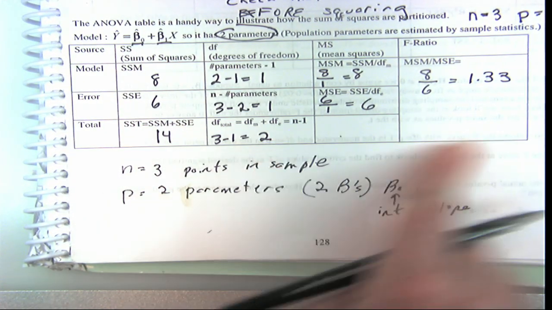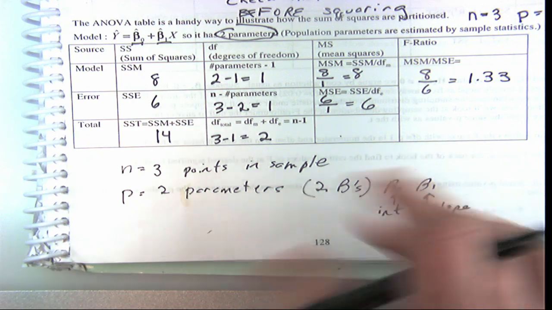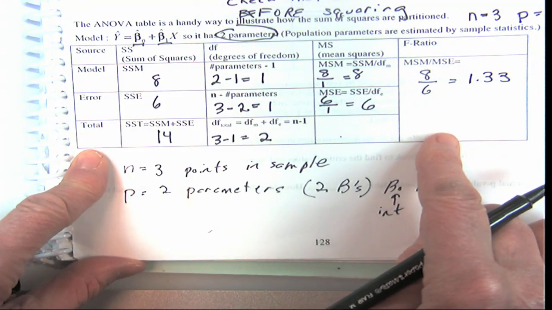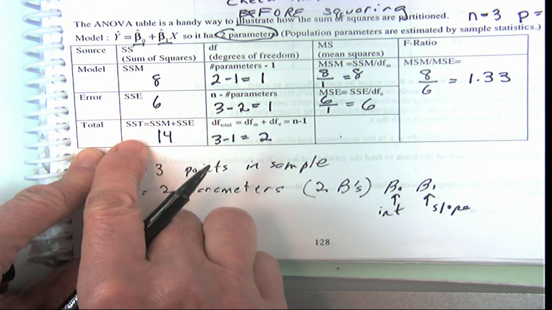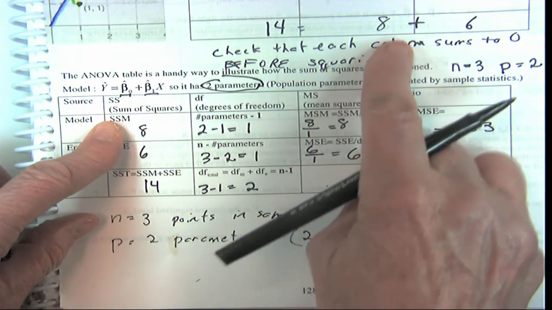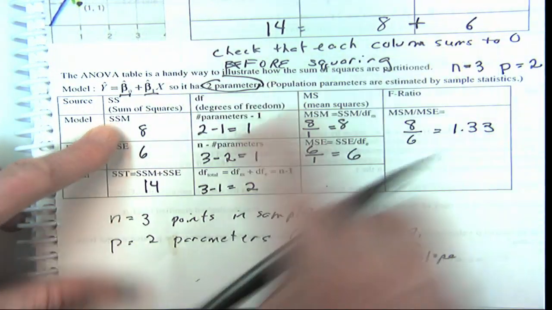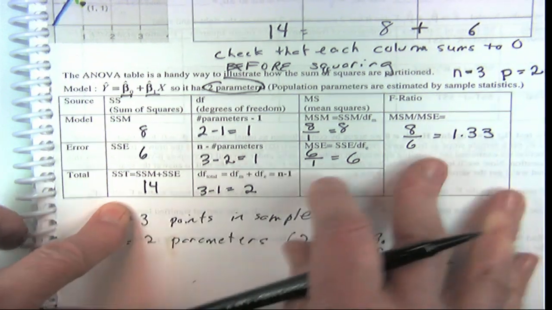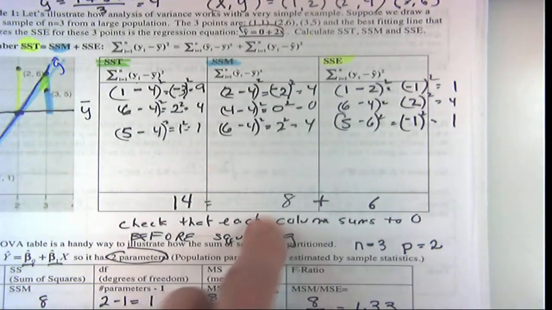And we filled out this analysis of variance table here, showing you how we break down the total sum of squares, that we figured out here. We said, all right, the 8 plus 6 is going to equal 14 here. So we just broke down the variance of the y's into two parts.